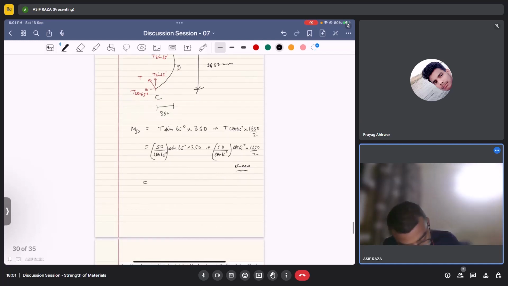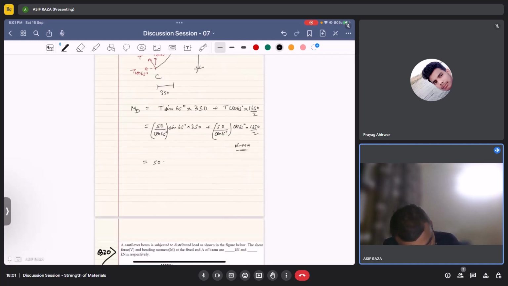This can be written as 50 into 0.35 into tan 65 plus 25 into 1.65. Now this would be in Newton meter. Let's solve this and that will give us the answer.